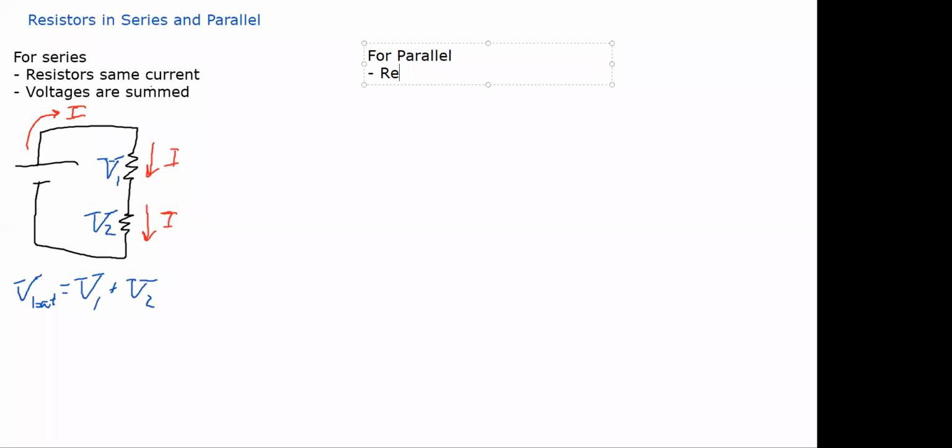For resistors in parallel, the resistors have the same voltage, but can have different currents. If you have two resistors that have the same resistance, they're going to have the same current as well, but that's kind of the exception.